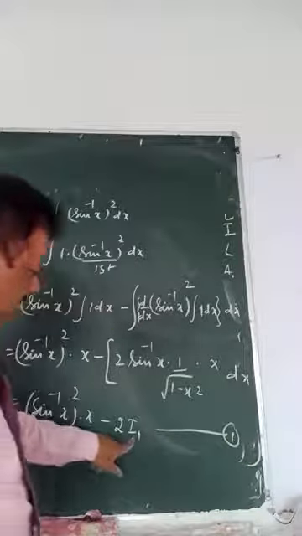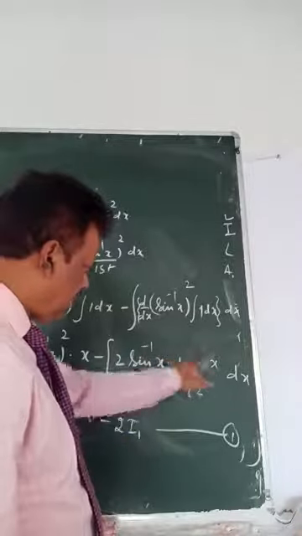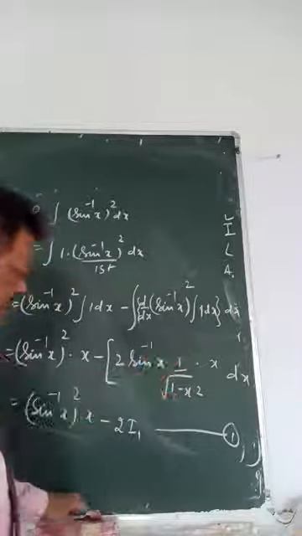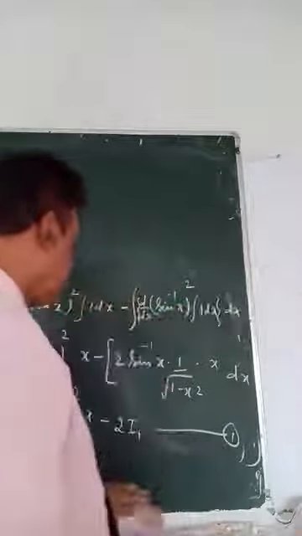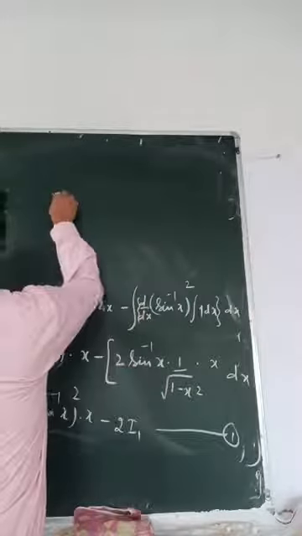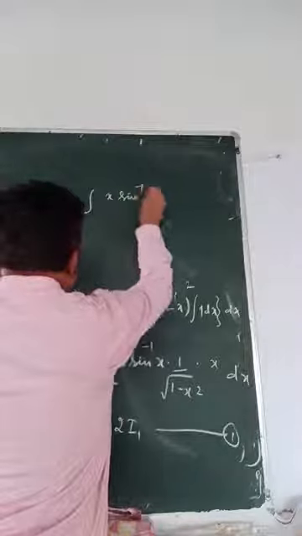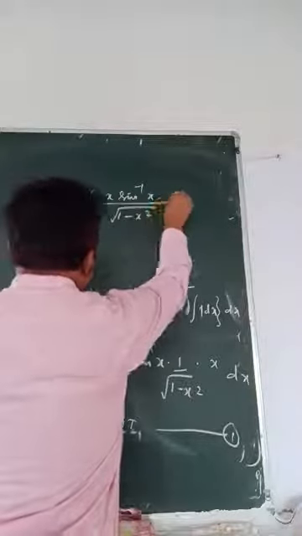What is I1 here? Now x sin inverse x by this. Let's integrate this separately. So when you find this kind of complication, what you have to do is, now I1 is x sin inverse x by root over 1 minus x square dx.